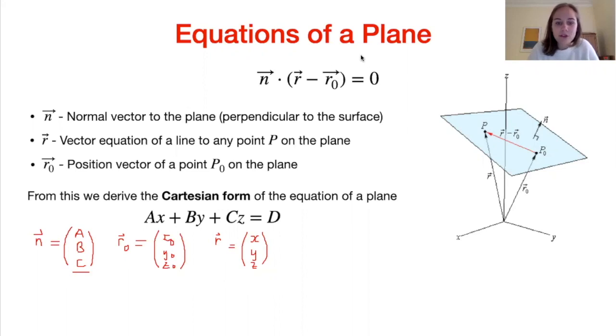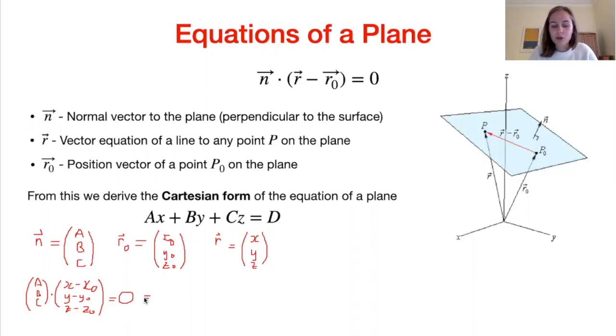So if we fill these vectors into that vector equation of a plane, we get the vector A, B, C, dotted with x minus x0, y minus y0, z minus z0, is equal to 0 according to our vector equation of a plane.